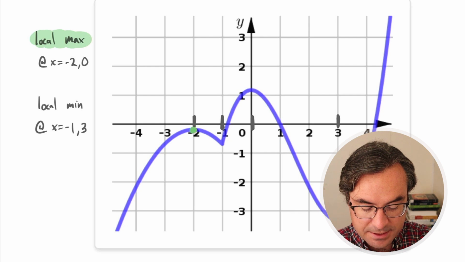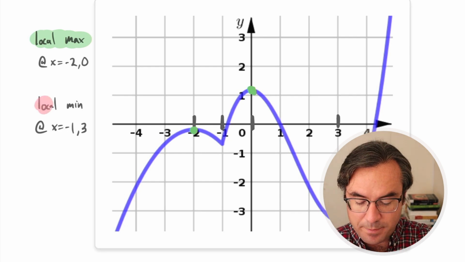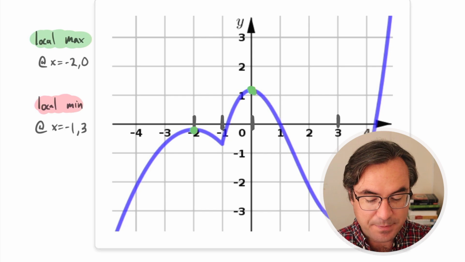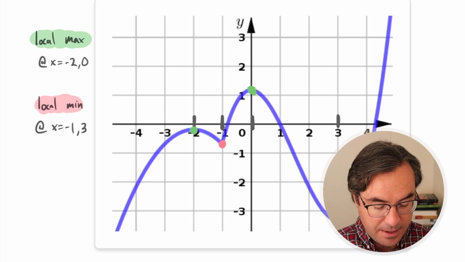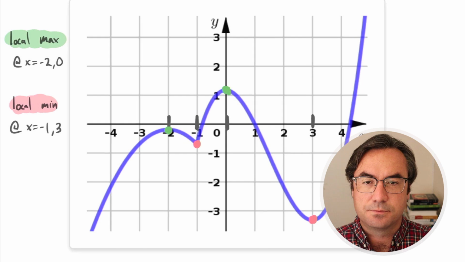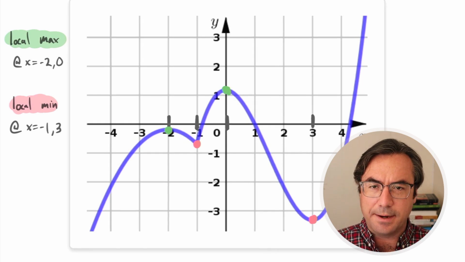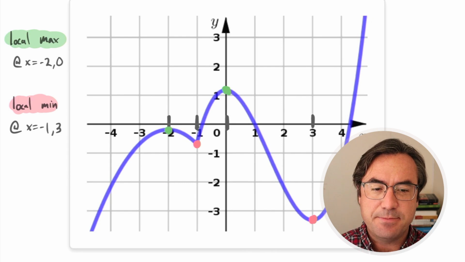We have a local max at this point, and we had a local max at this point. And then we had a local min also at 2 spots. We had a local min here, and we had a local min here. Okay, so we found where our function has these maxes and mins.